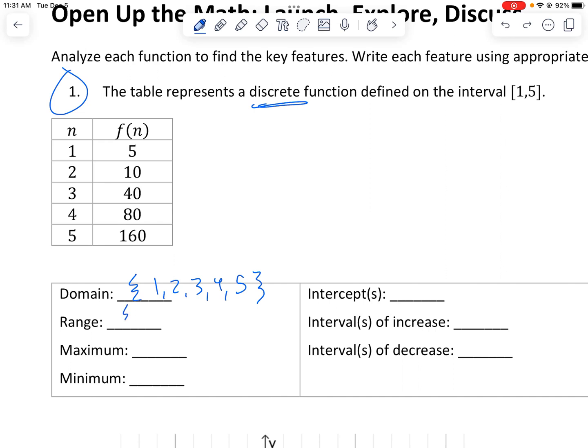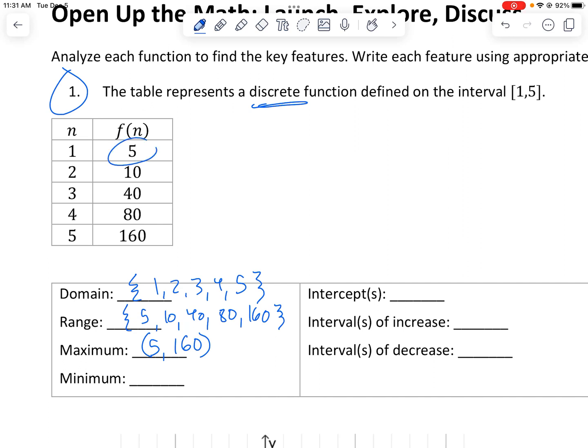The range here is a similar vein. It's just 5, 10, 40, 80, and then the 160, since we just have those individual values. The maximum on this, remember when you're looking for maximum, you're looking for the highest function value, which is going to be this 160 in this case. So the maximum is at 5, 160 at that point.